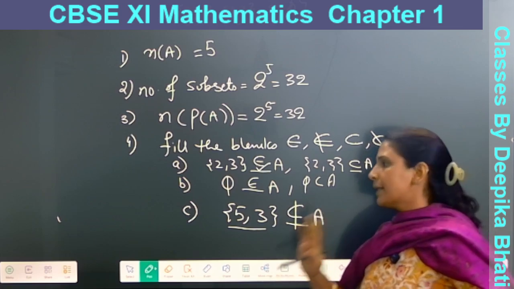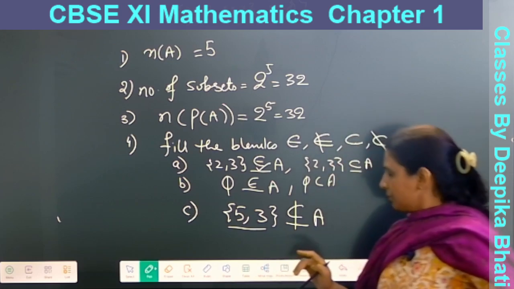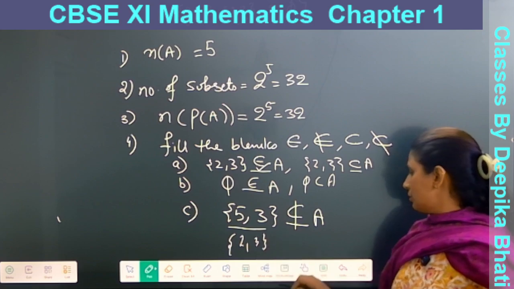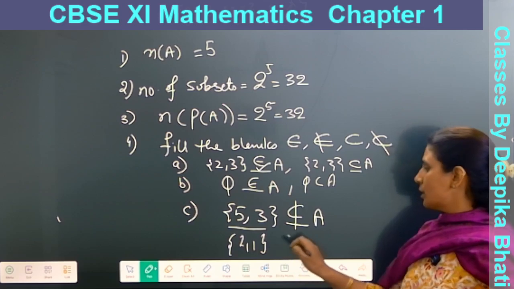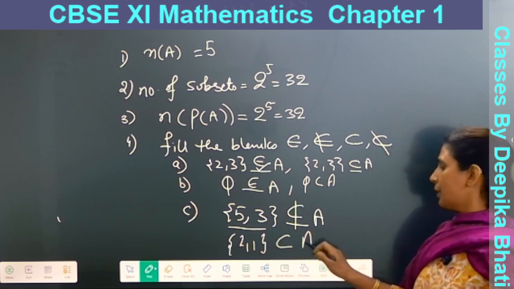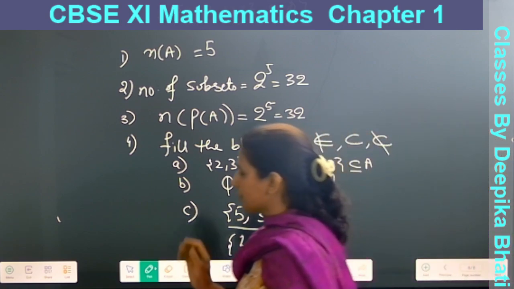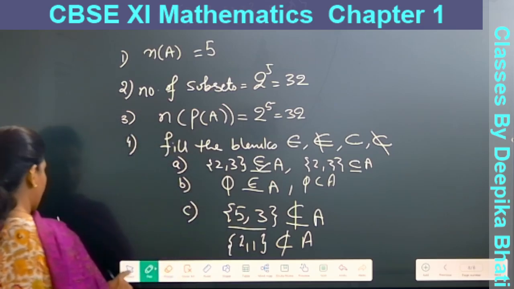Only in that case do we need to write belong or don't belong, otherwise not. Like if I give you 2 comma 1, so this is not a subset of A. You are supposed to write only subset or not a subset. For a set you are not supposed to use the belongs to or not belongs to symbol.